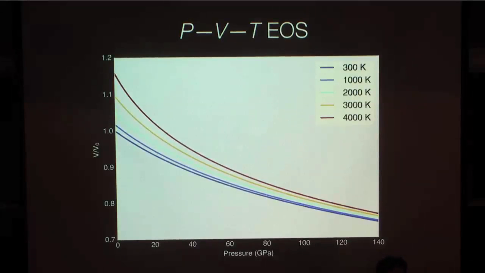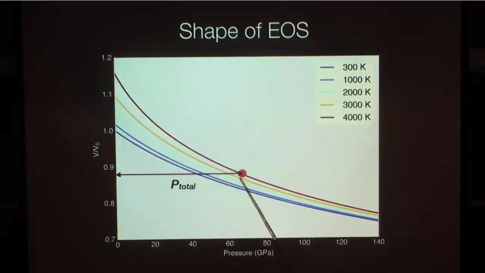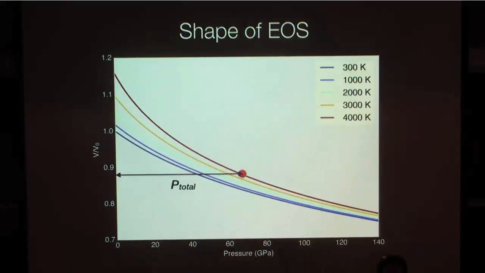Okay? All right? Good. So now, let's say you want to figure out the pressure, volume, temperature relations at this particular point. By the way, these lines were calculated using thermodynamic parameters of bridgmanite. This is the total pressure at this point, which is about 70 GPa, and the volume is 90% of the 1 bar volume, at 4,000 Kelvin.